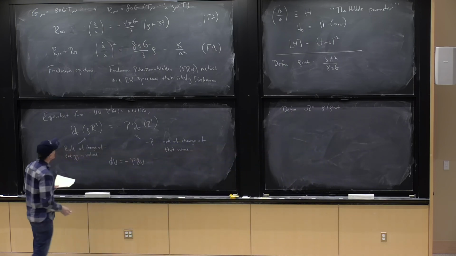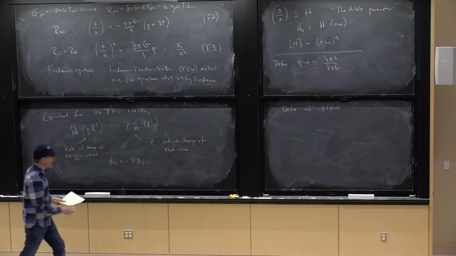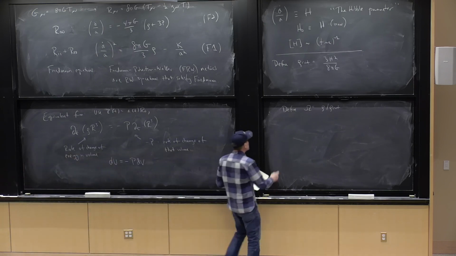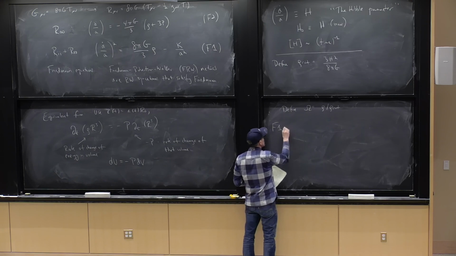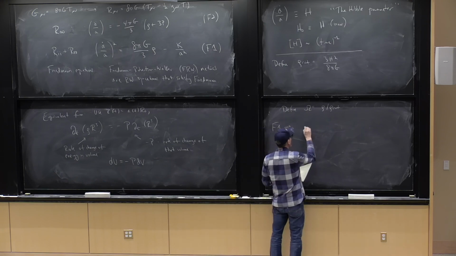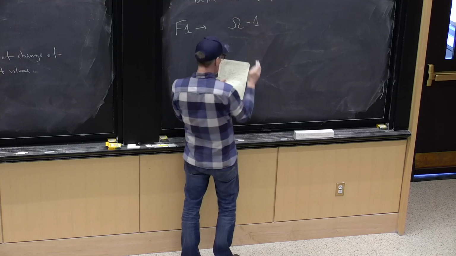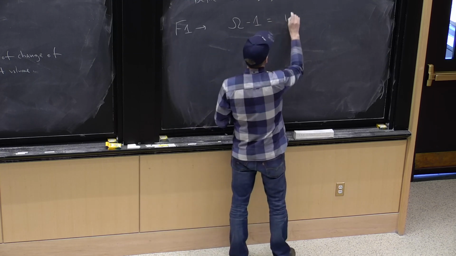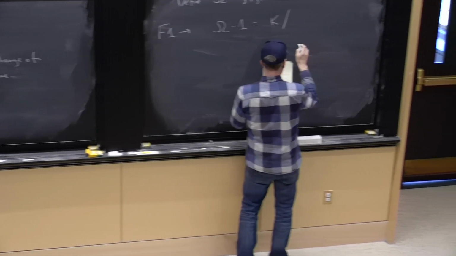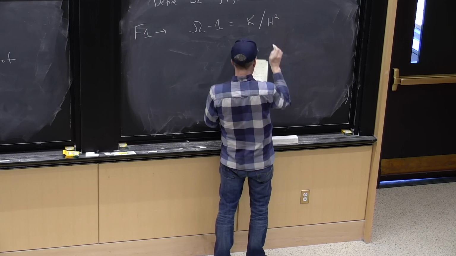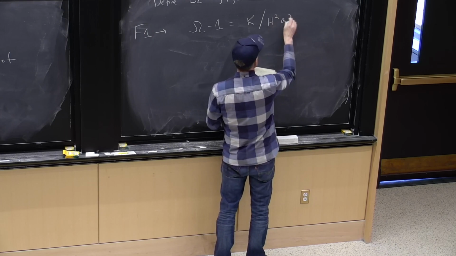Putting all these together, I can rewrite the first Friedmann equation. This guy can be rewritten as omega minus 1 equals kappa over H squared a squared.